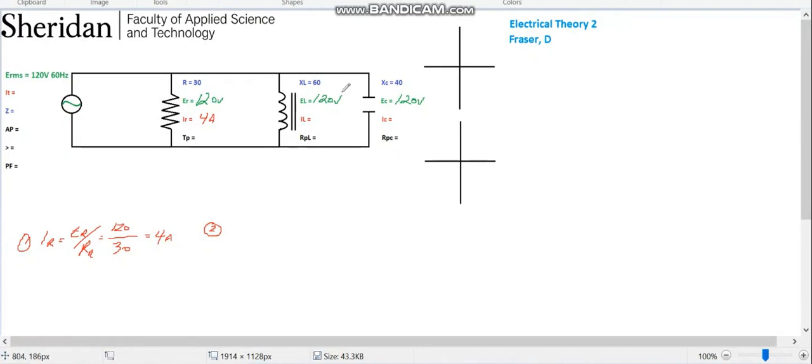I've already given them for you here, and you guys know how to do that anyway. So step number 2, IL. IL is EL over XL, 120 over 60, easy peasy, 2 amps.